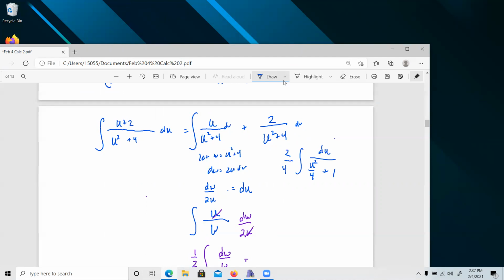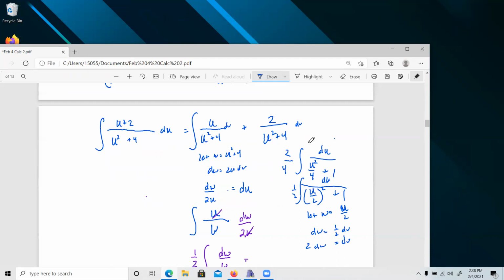So you see what's going to happen here is we have U over 2 squared plus 1. I think it's the same problem we did before, isn't it? Where we set W equals U over 2, dW was equal to 1/2 dU, dU is equal to 2 dW.